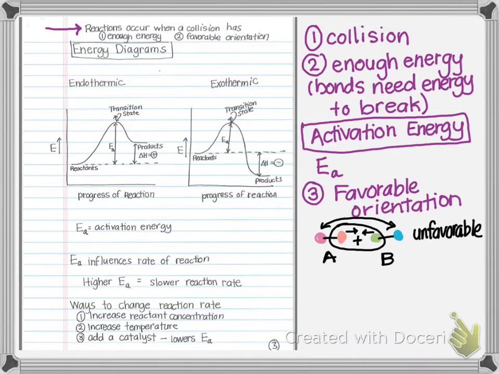But let's say, for example, that instead of molecule A being oriented with the pink farther away, it had flipped around, and now the pink was right there. And the other molecule, molecule B with the green, had also flipped around. Oops, sorry.